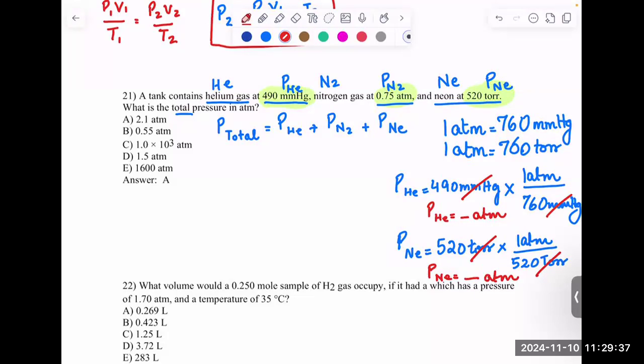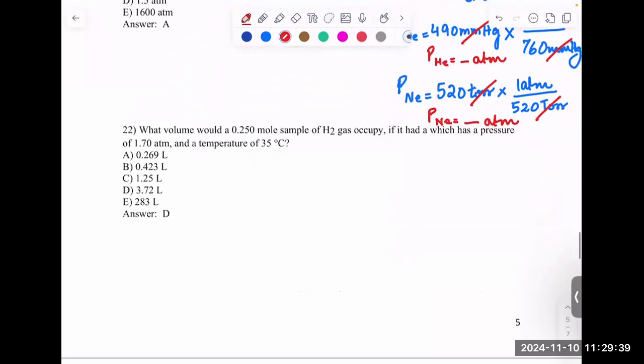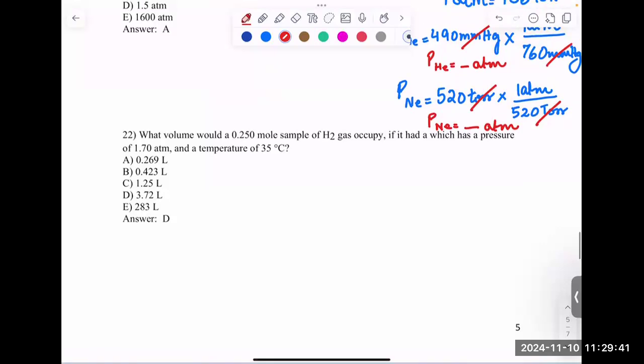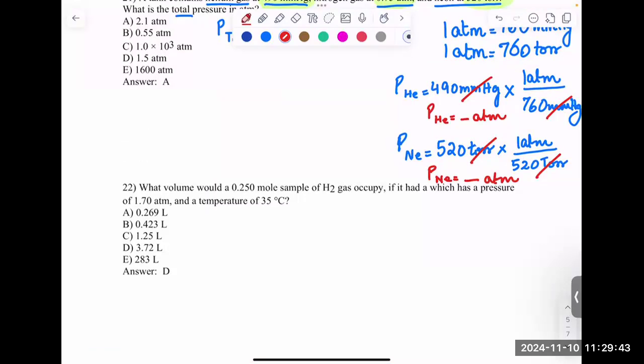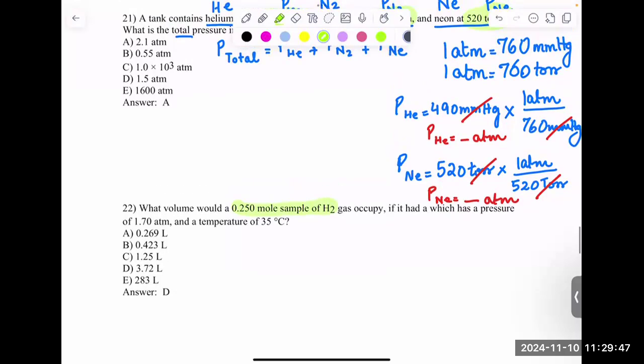Okay, so these values, got it? All right, now you are given the moles of hydrogen gas, and a pressure is given and a temperature is given. So write this down here. Moles of hydrogen gas is equal to 0.250 moles. Okay.